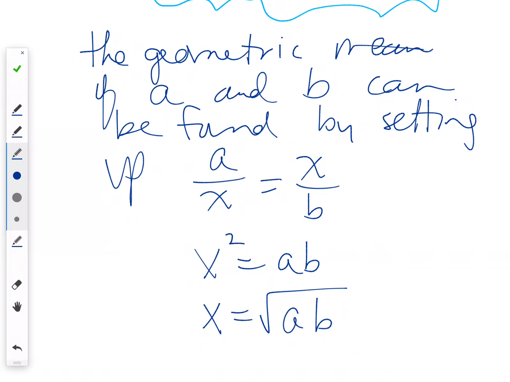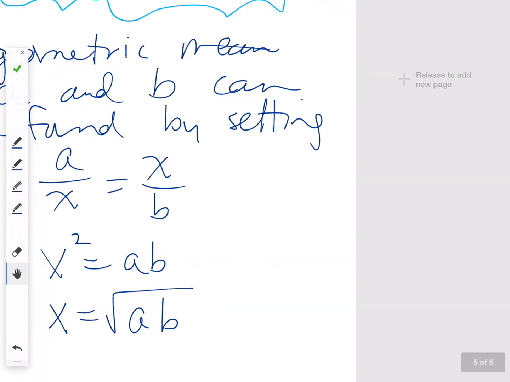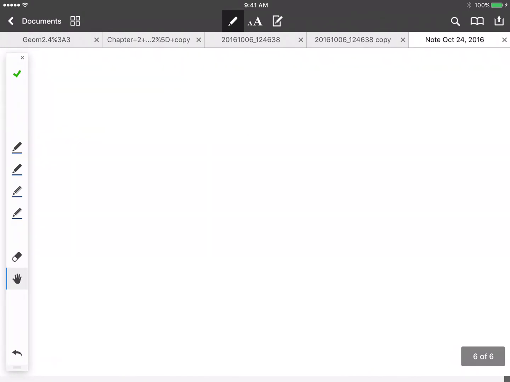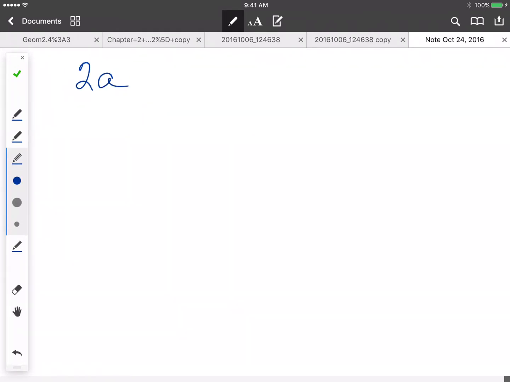I want to go back a tiny bit and see if I can put some other form in here. We have a couple of other rules that we should probably cover. So let's go back and call this 2A. This one is not as intuitive.